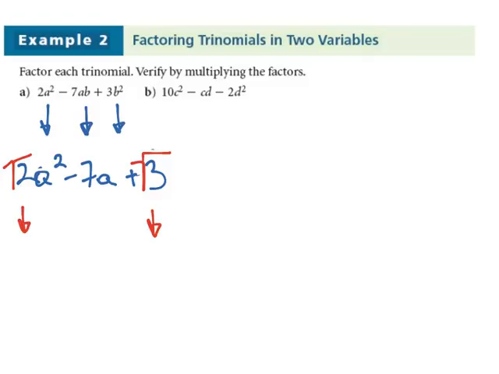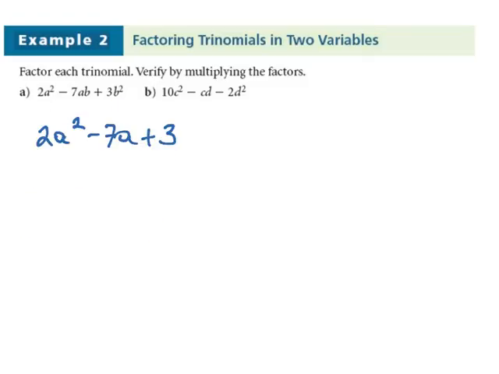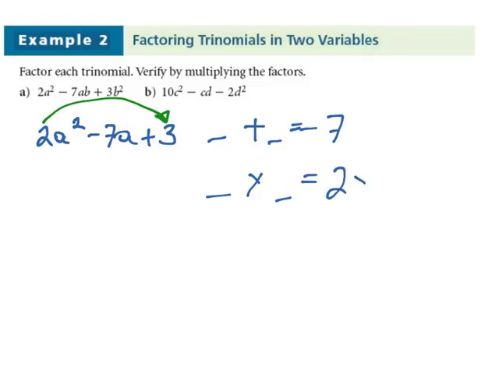Let's get rid of the squares, roots, and use the decomposition method. So again, we're going to ask ourselves, what two values add up to the middle term, which is negative 7, and what two values multiply to the multiplication of the first and the last terms, which is 2 times 3, which is 6.